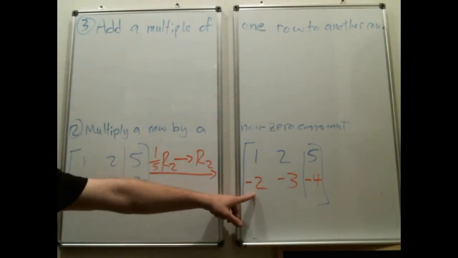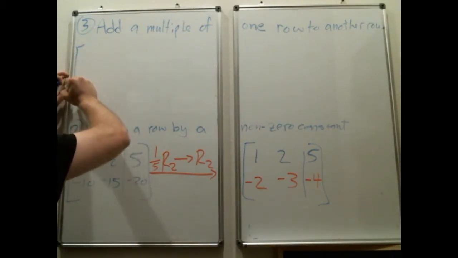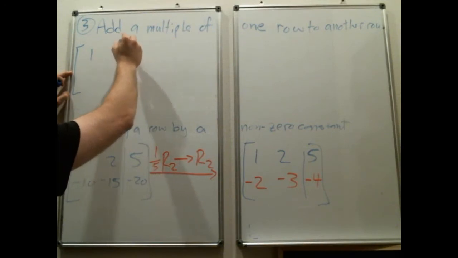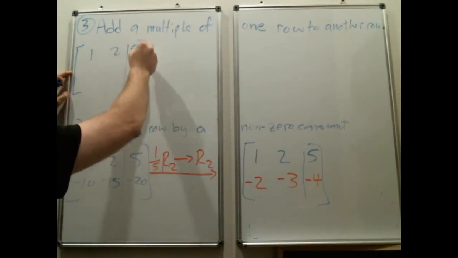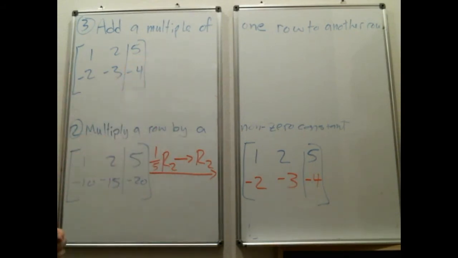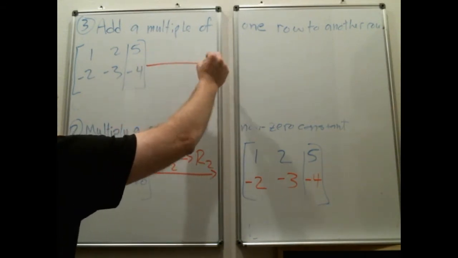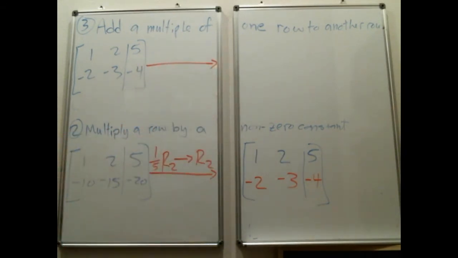So let's start with this example here. We have 1, 2, 5, negative 2, negative 3, and negative 4. And I got my big arrow. And so now I'm going to tell you the next step into solving a matrix.